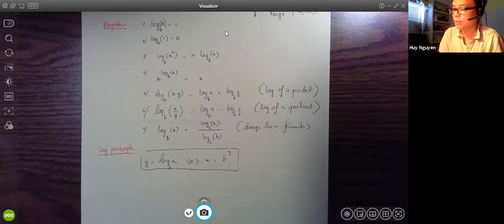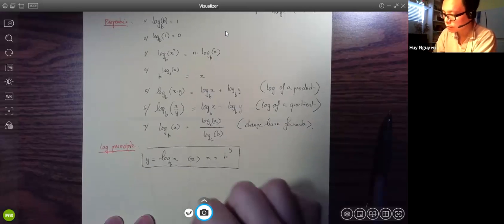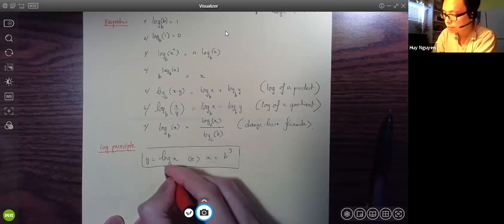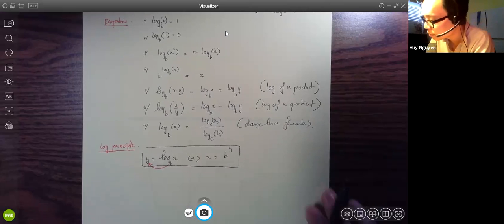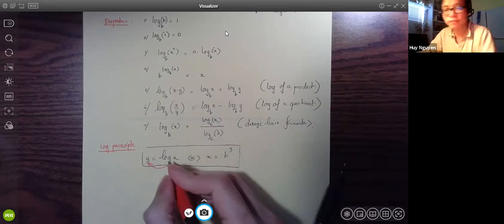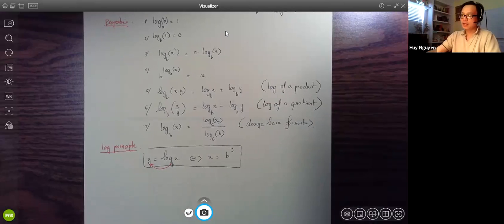Basically, you just raise the base b to the y exponent. Raise up the b value, the base value.